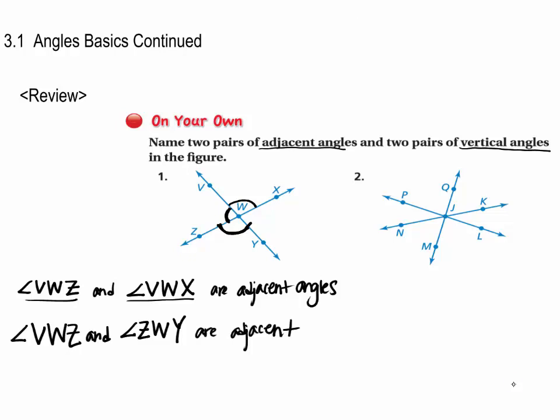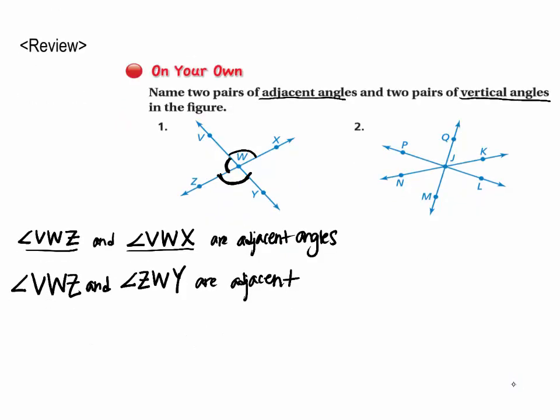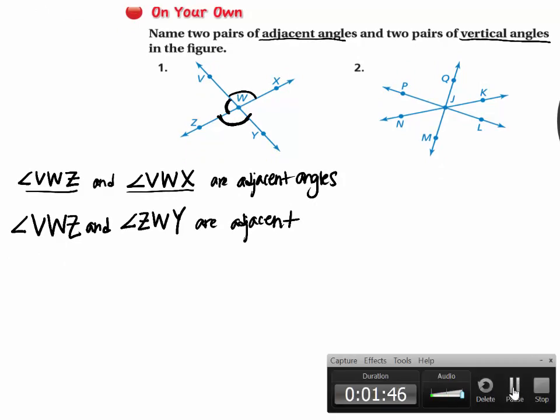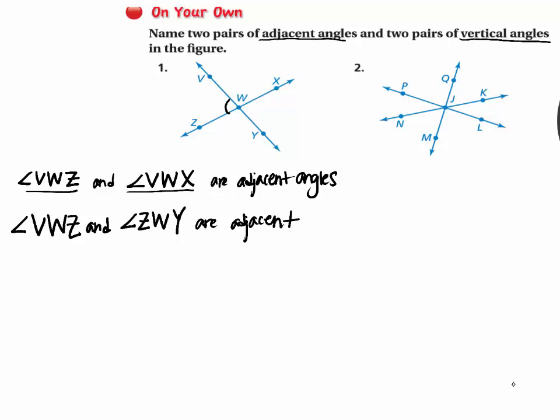Next, we have to figure out two pairs of vertical angles. So, if we start with the same ones, angle VWZ, and what's an angle that's opposite to it? This one, angle XWY. They are vertical angles.